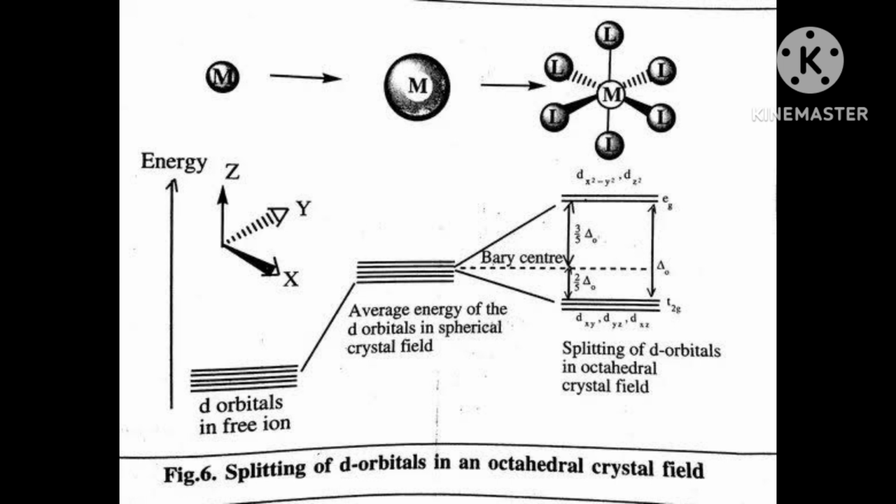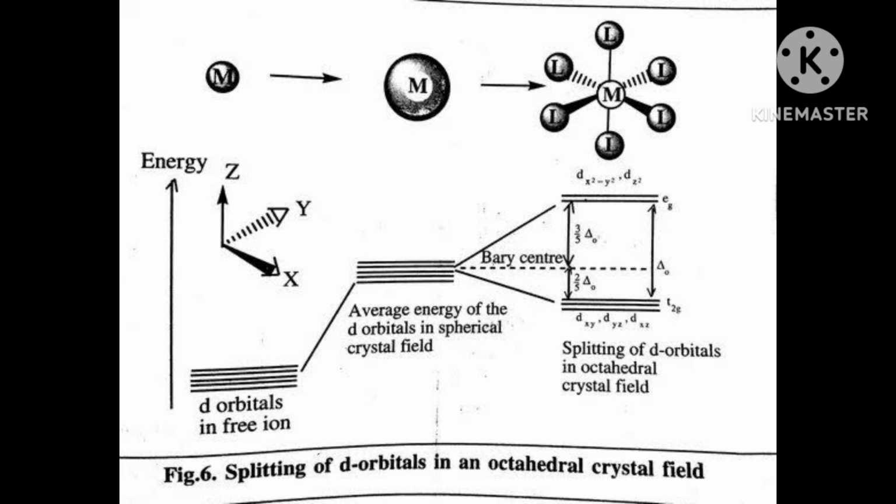Spectrochemical series question is asked. In general, ligands can be arranged in a series in the order of increasing field strength. That I am telling you. First is iodide ion. Last class I discussed it, again I am repeating.